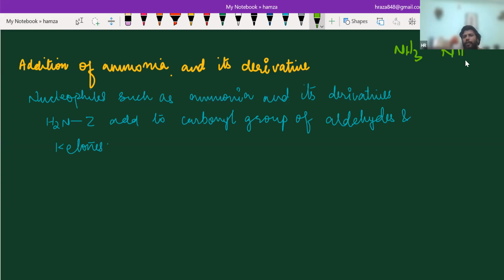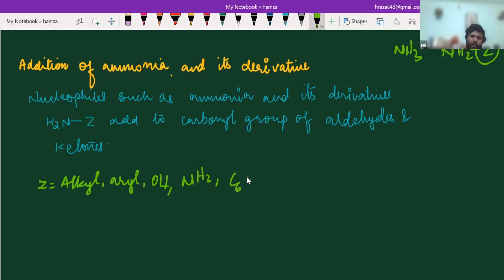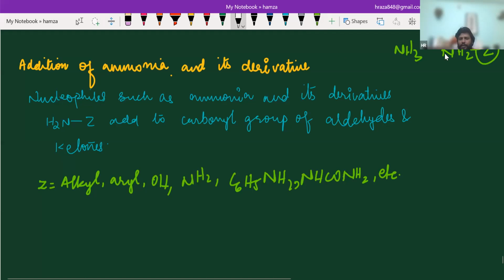If you replace one of the H with any Z, Z is basically either alkyl, aryl, hydroxide, NH2, C6H5NH, NHCONH, NHCONH2, etc. If one of these hydrogens is replaced by these groups, that is called ammonia derivatives. So how the reaction is taking place, it's very easy to understand.